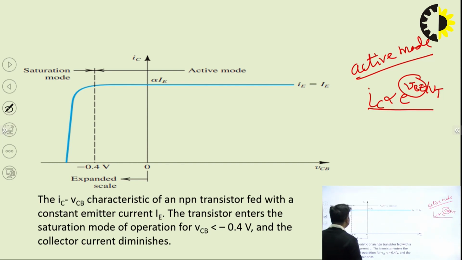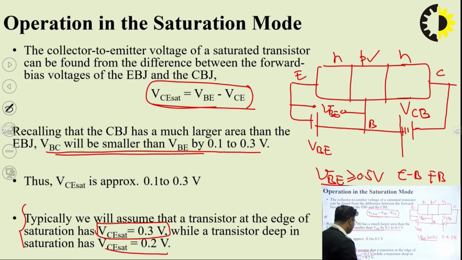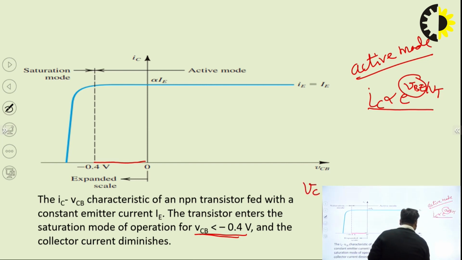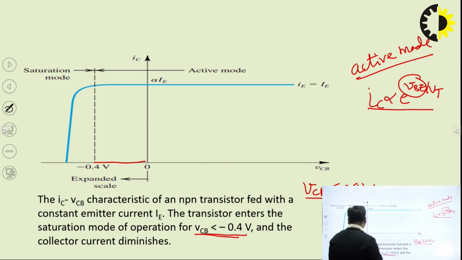And in saturation mode, as we lower the value of VCB, when VCB reaches 0.4 volt, that is, if VCB is less than or equal to 0.4 volt, saturation mode is reached.